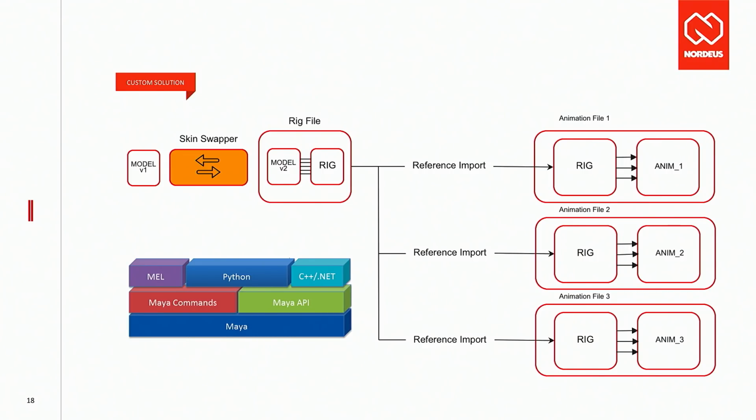So we can quickly swap the mesh, keep the same rig, and then use Maya's support for referencing. So everybody can quickly change the model, keep the rig, and that solved our problems with the meshes we had. And we can change the meshes easily.